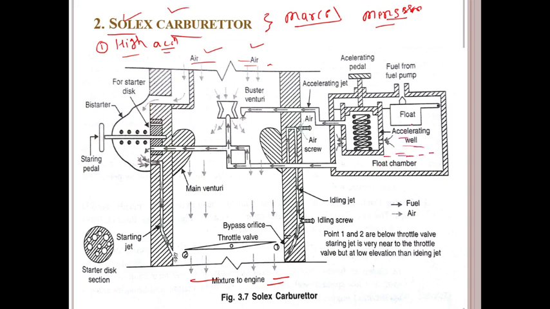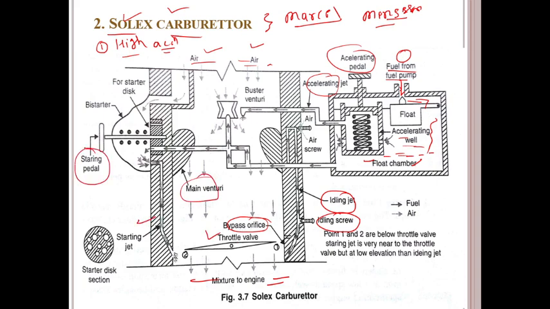If you observe the diagram, the fuel from the fuel pump comes here. This is the accelerating pedal, the accelerating jet, the idling jet, the idling screw, the bypass orifice, throttle, main venturi, starting jet, starting pedal, bystarter, starter disc, venturi, air, starting disc sections and air screw, guys.